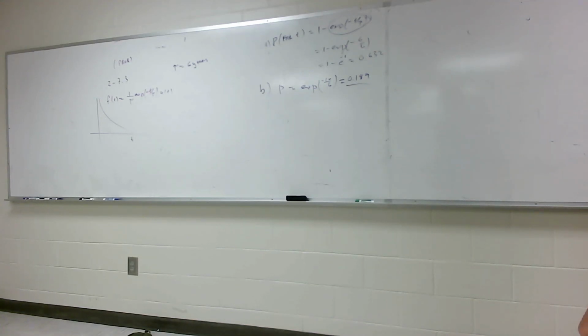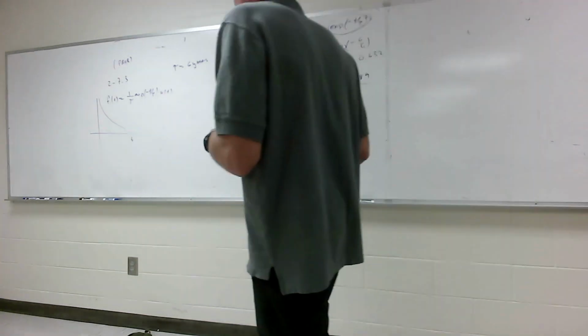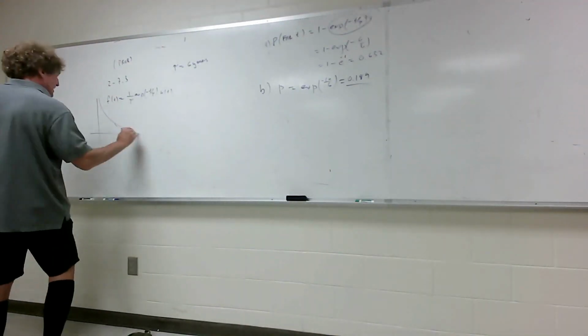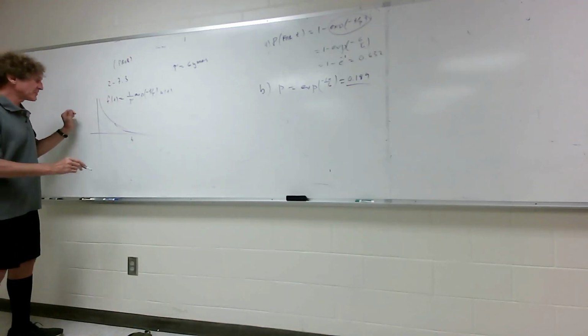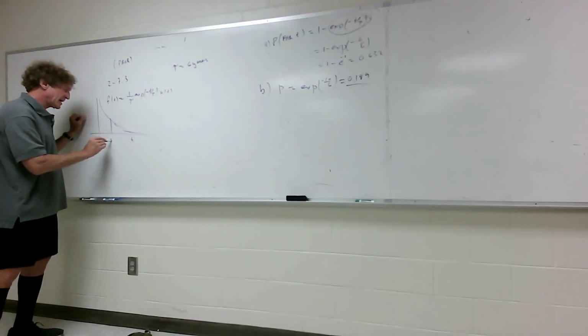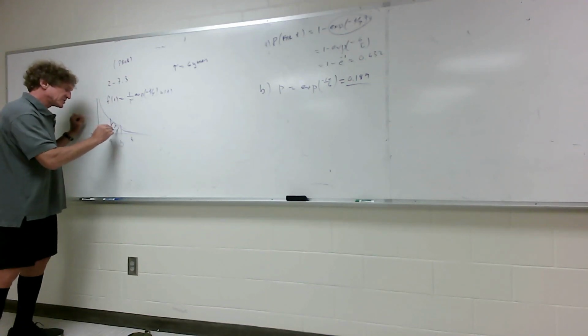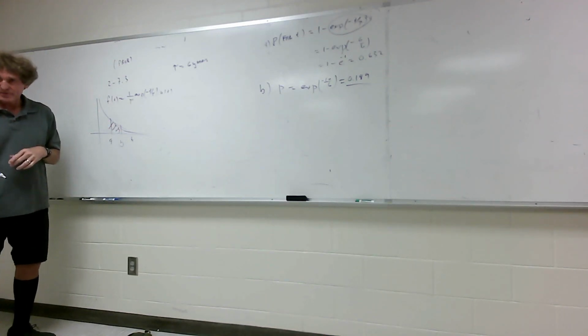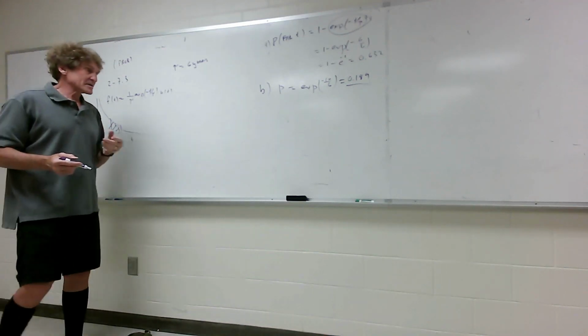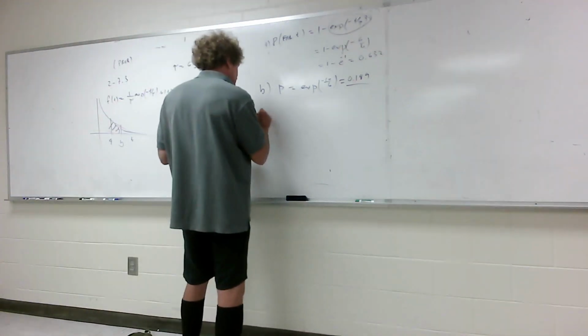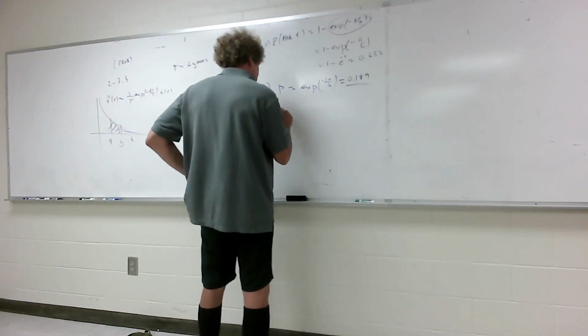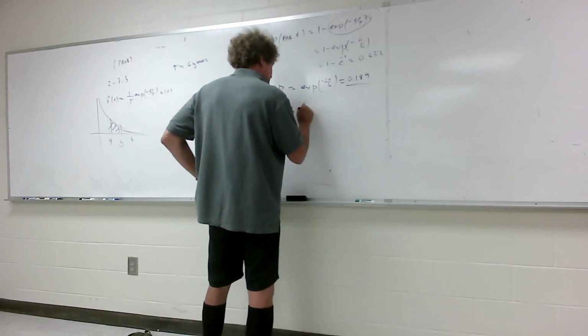I'm trying to cast this in a way that makes sense. If this is the distribution for failure, the probability it fails between any 2 points, A and B, is just the area under that curve. Think about it logically. This is part C, the probability it fails in the 6th year.